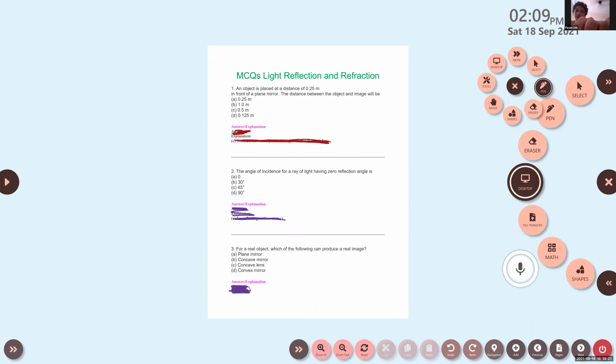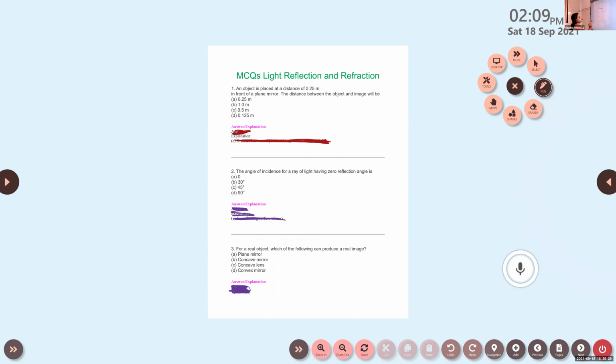You can see the options here. A is the right answer. Why? I need the reason. The object and the image distance are equal in a plane mirror.